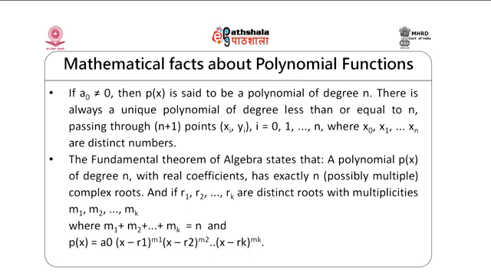Now, when you are given a polynomial a_0 x^n plus and so on and so forth, and if a_0 is different from 0, then we say that p(x) is a polynomial of degree n. There is always a unique polynomial of degree less than or equal to n passing through n plus 1 points (x_i, y_i), i equal to 0, 1, 2, 3 up to n, where x_0, x_1, x_2, x_3, x_n are distinct numbers.